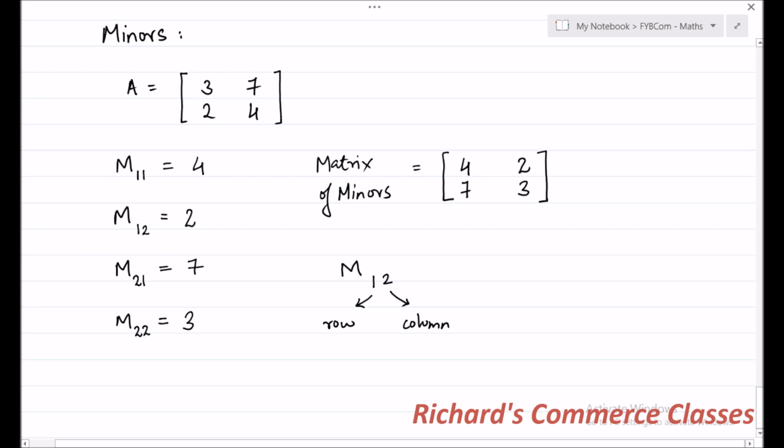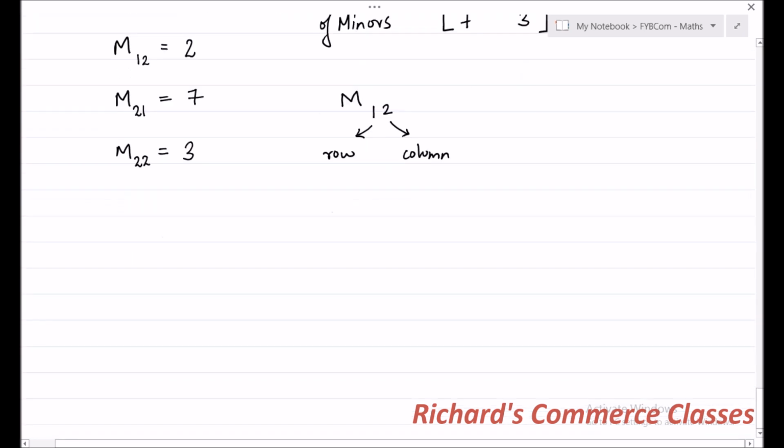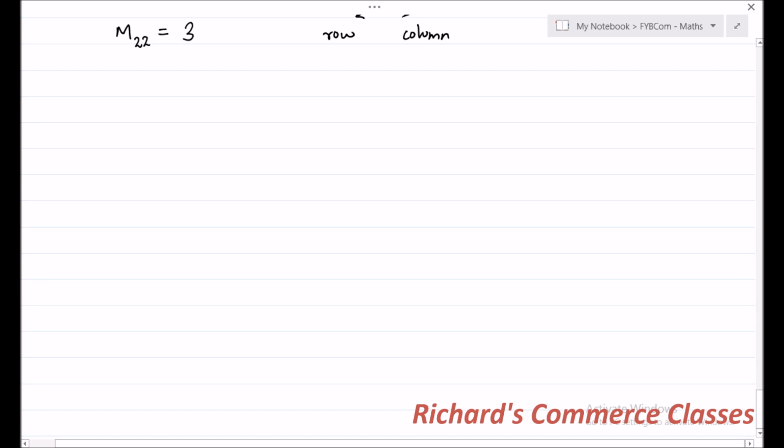Okay, let's see how this works for a 3 by 3 matrix. Let's say A is equal to 2, minus 1, 3, 0, 4, 2, 1, minus 1, minus 2.